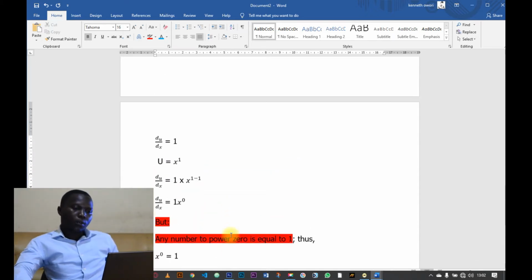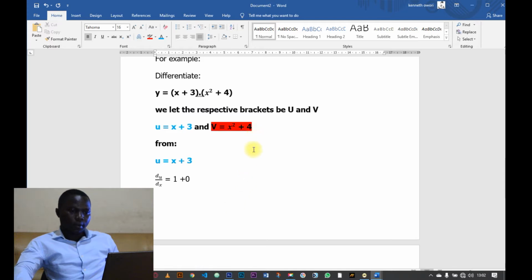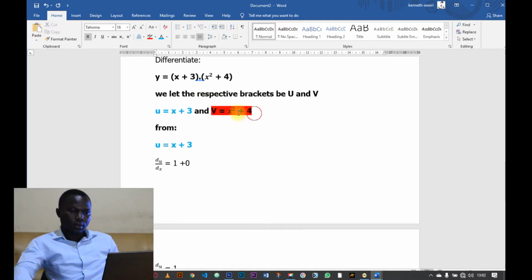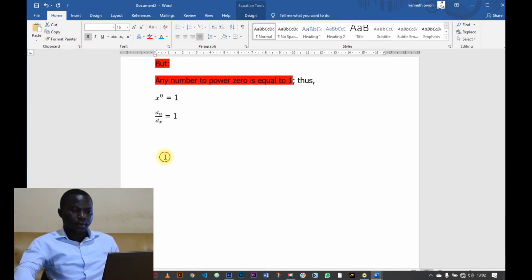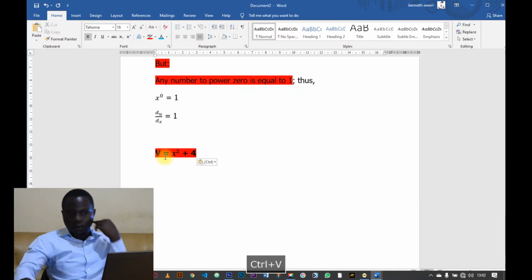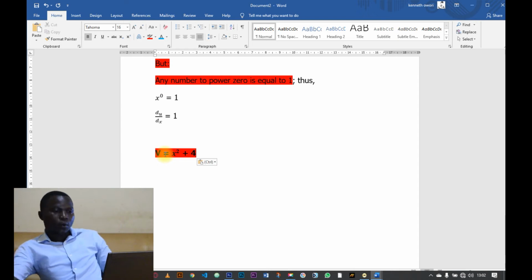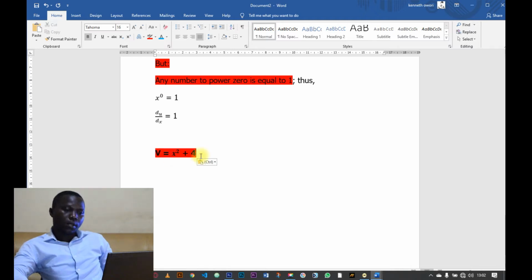So now if we continue from v, remember v is equal to x power 2 plus 4. So we also need to find the derivative of v by differentiating v with respect to x.